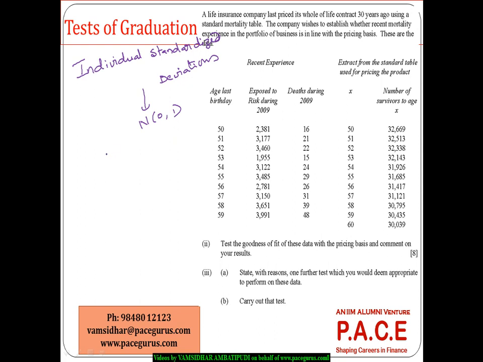In a group of 20, with a 95% confidence interval, values should lie between minus 1.96 and plus 1.96. So only 5% of the observations should be outside this interval if it has to be normal.